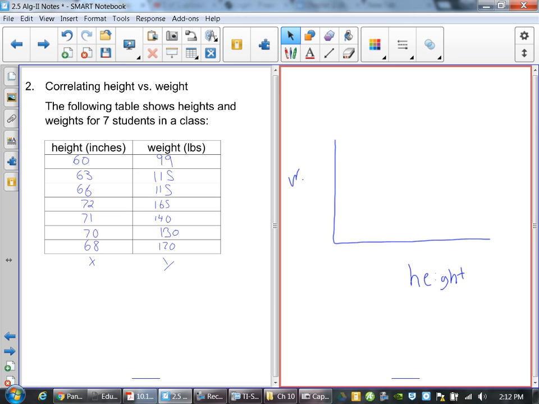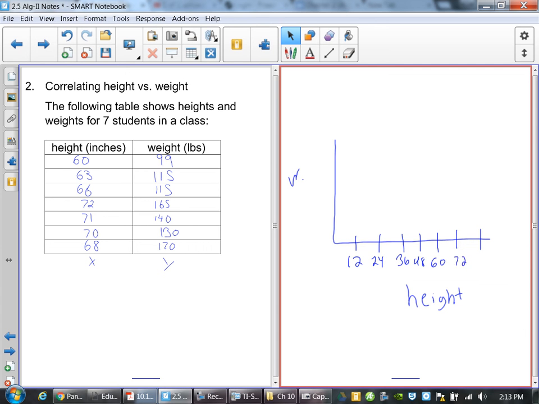We kept all of our height in inches, so let's just count it out by 12s and come out, what, 7 of them? 1, 2, 3, 4, 5, 6, 7. We okay with that? So I'll just call that 12, 24, 36, 48, 60, 72, and 84.